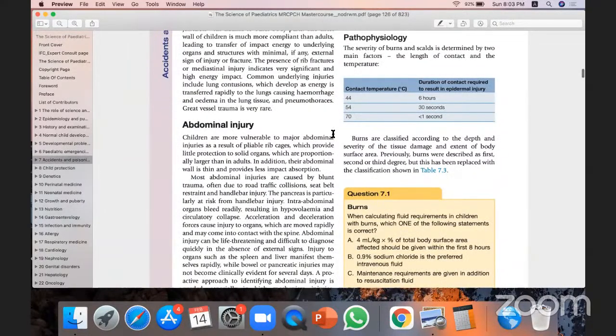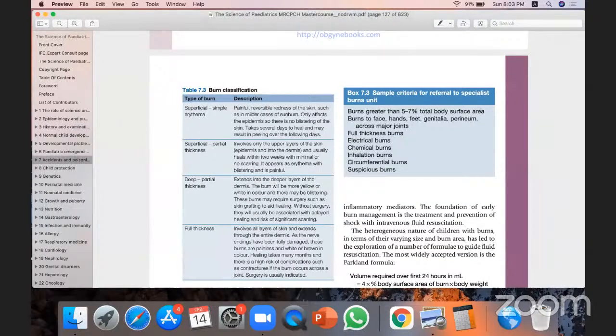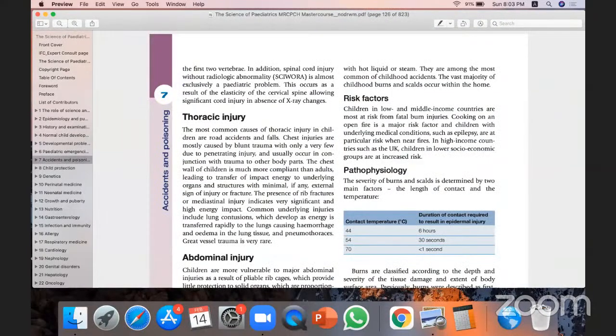Abdominal injury: this type of question in accident and emergency will come, like rupture of an internal organ, like from a cycle handle. If a child gets injured by a cycle handle in the abdomen, the most likely injury is splenic rupture. So remember that intra-abdominal injury from external force can cause splenic rupture, and the child can rapidly go into shock.